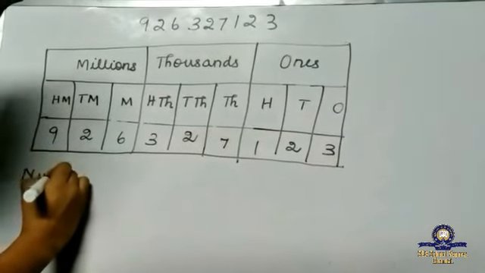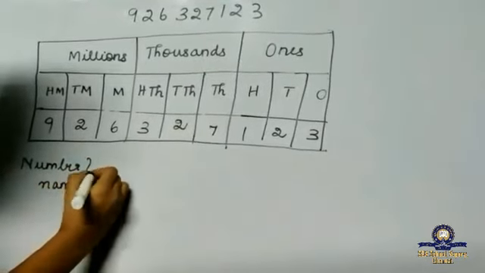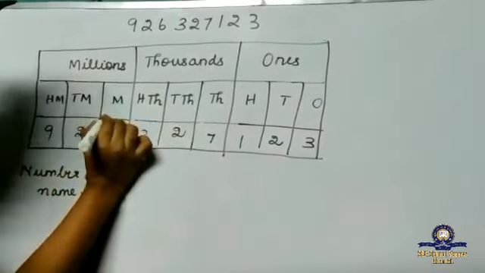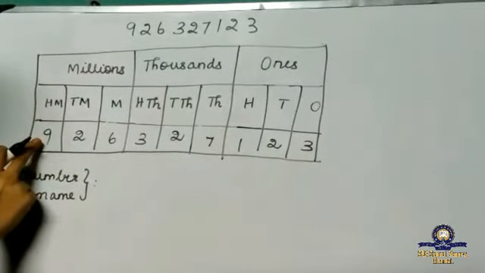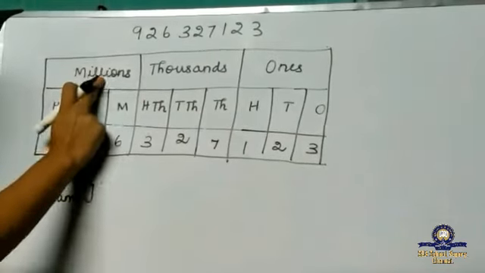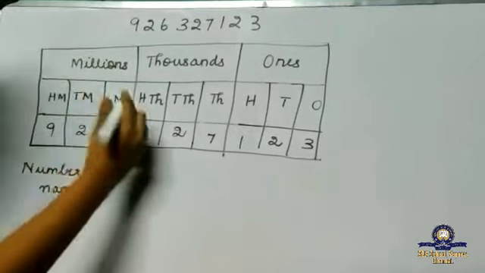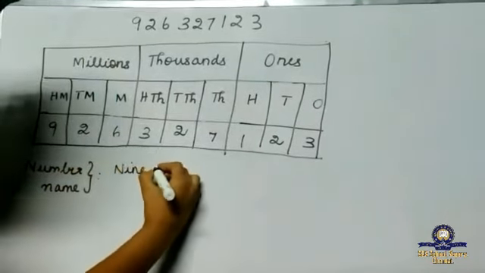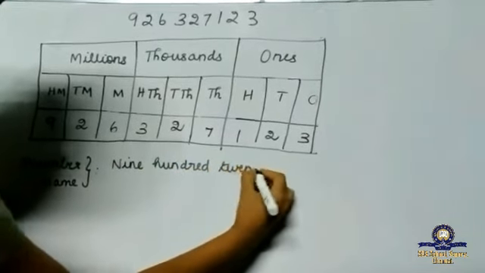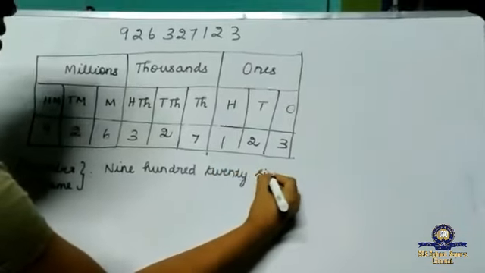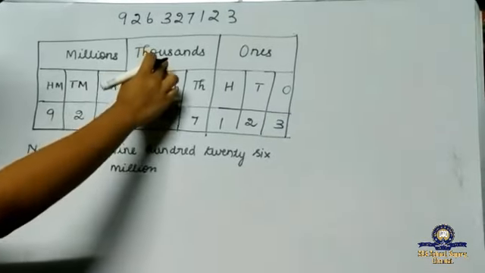Now I'm going to give the number name for this number. While giving the number name, I'm going to come from the left hand side. You have to give it as a whole. So we are going to give it as 926 million. And next comes the thousands period.